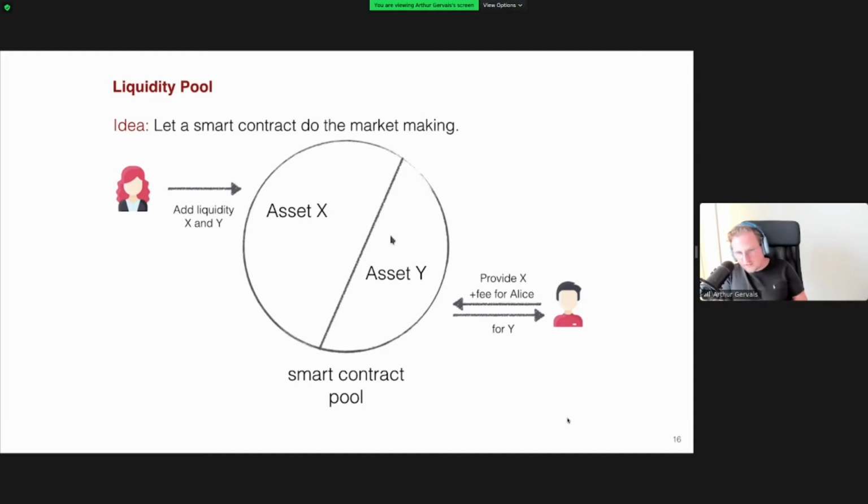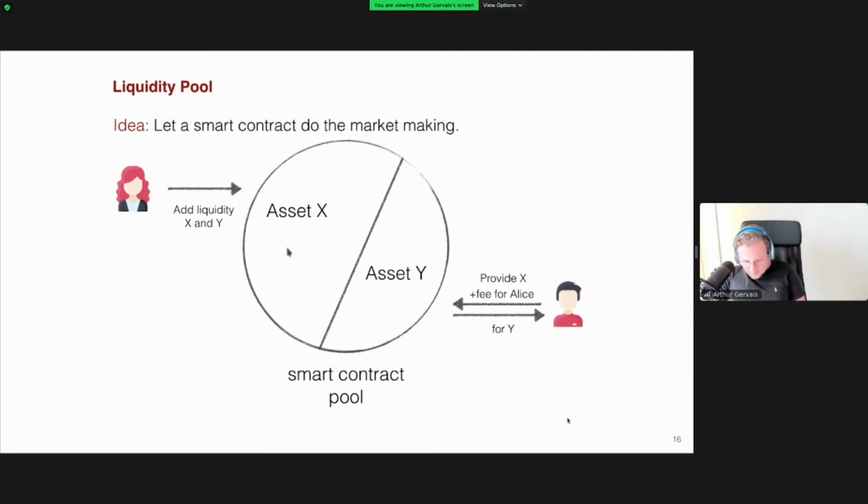It's a financial term for money. So Alice here, for example, adds liquidity for asset X and asset Y to a particular pool, right? And this pool is governed by a smart contract. When I say governed by a smart contract, I mean that the money in this pool can only be added or removed by following the rules encoded in the smart contract.